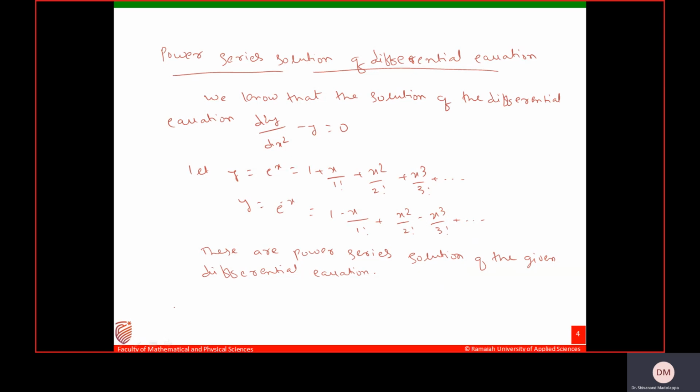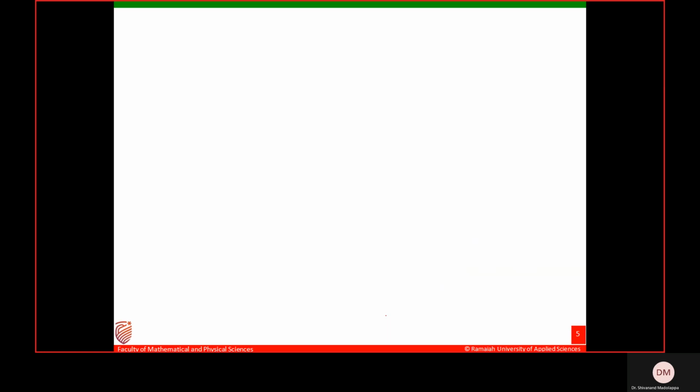Another example of a differential equation is d2y upon dx square plus y equal to 0, which is satisfied by a power series.